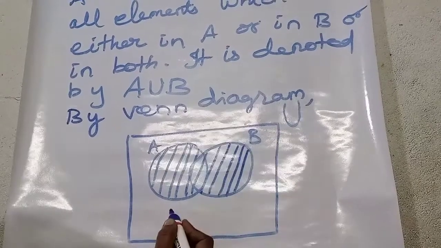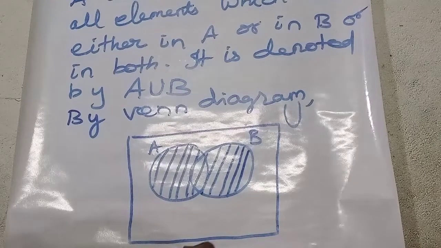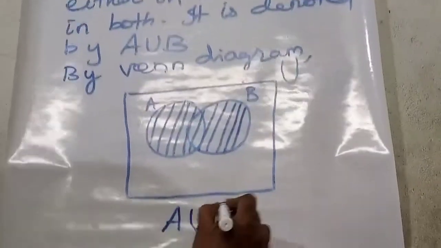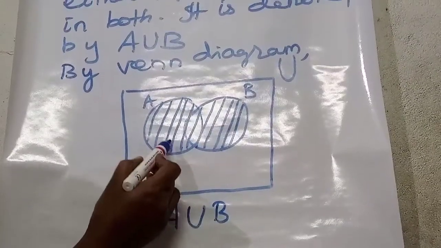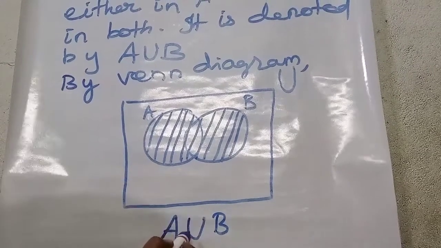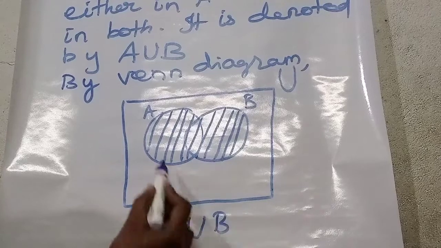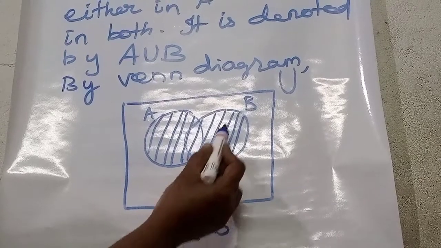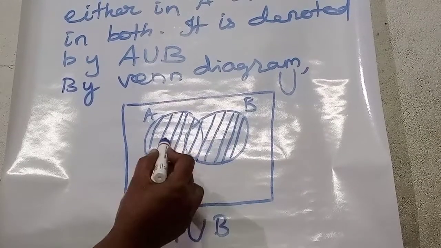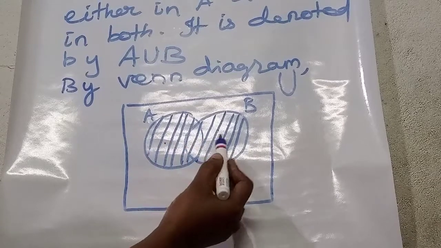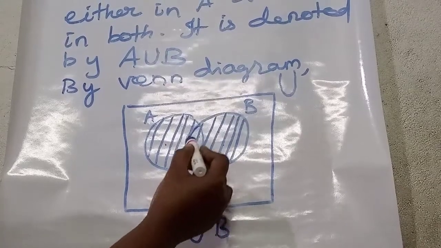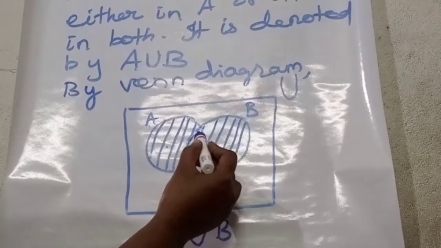The shaded portion shows A union B. Only this shaded portion is known as A union B. The union of these two sets A and B is the set of all elements which are either in A or in B or in both. Both means this common part.